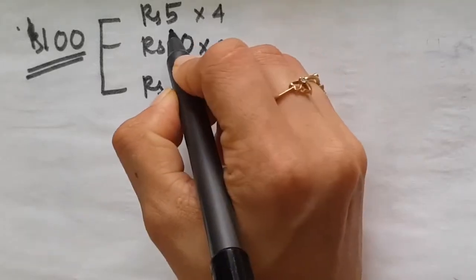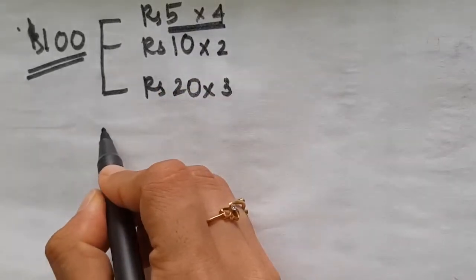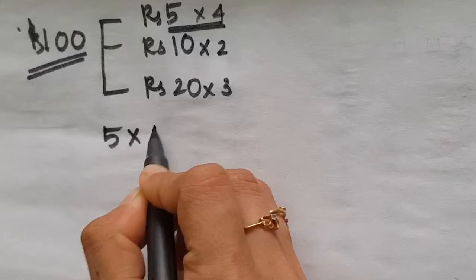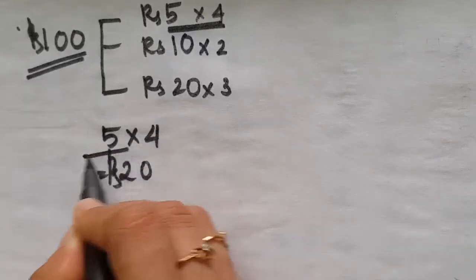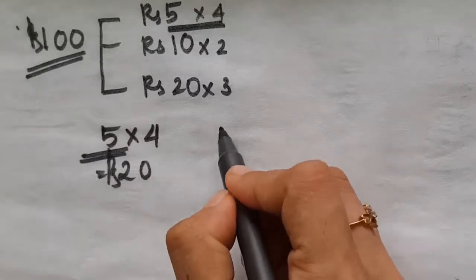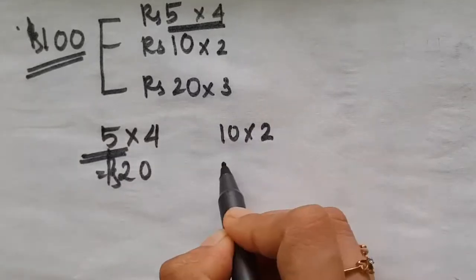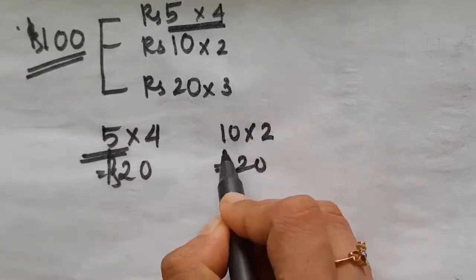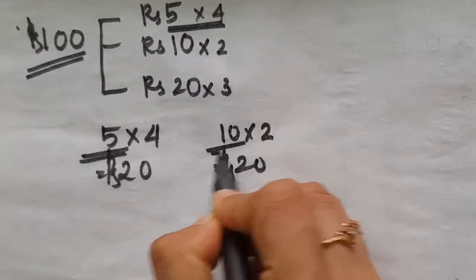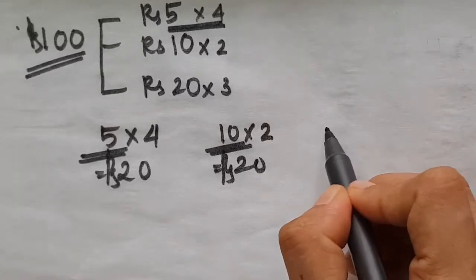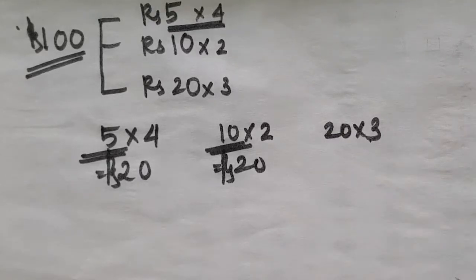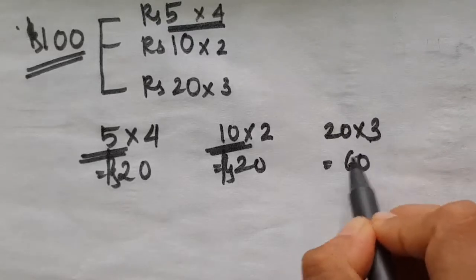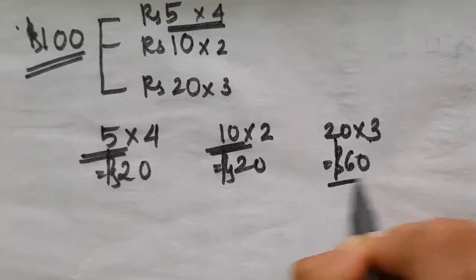That's very simple. You have to multiply them, because 5 4s are 20, so you have 20 rupees from 5 rupee notes. 10 2s are again 20, so you have rupees 20 from 10 rupee notes, and you have 3 twenty-rupee notes, and that gives you 60 rupees from rupees 20.